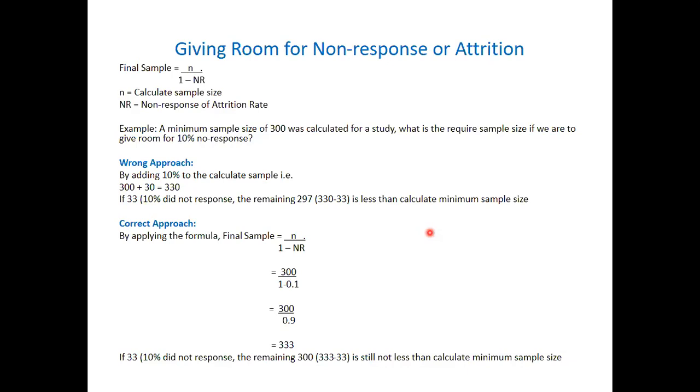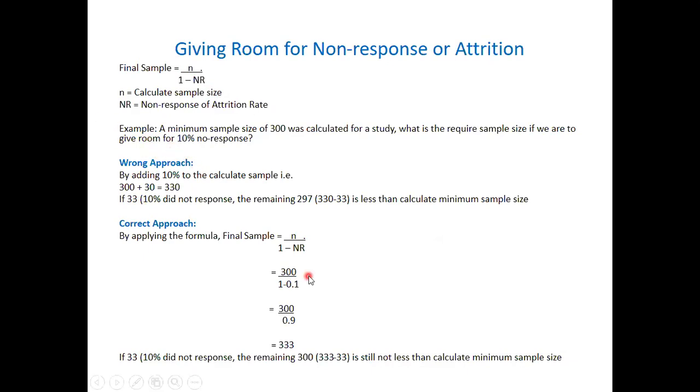Whether it is non-response or attrition, the final sample size is n, what you have calculated, over 1 minus the non-response or attrition rate.